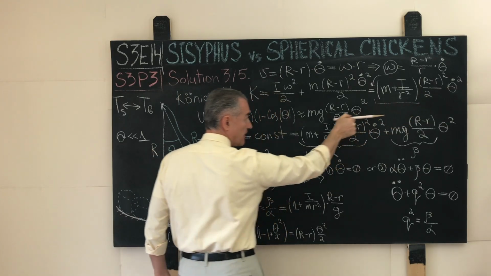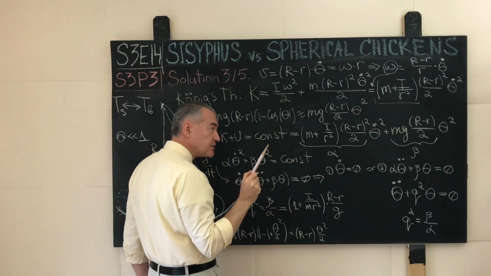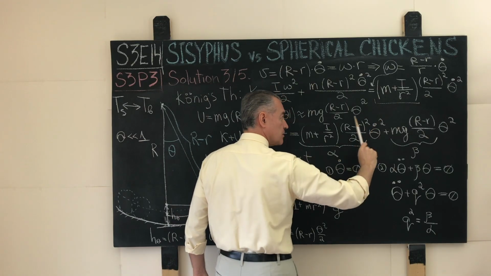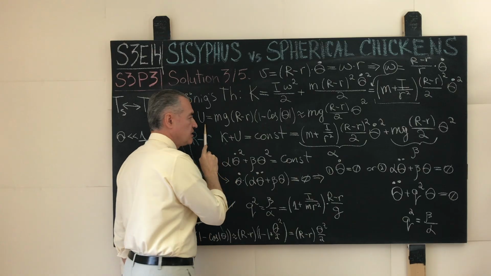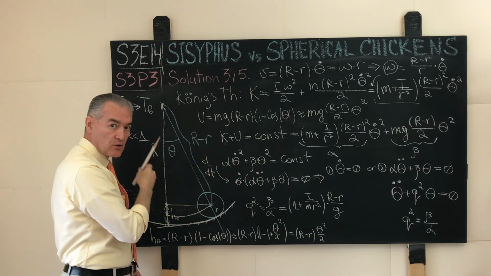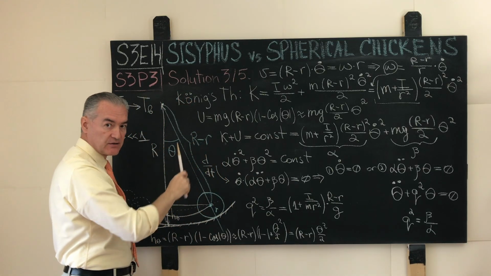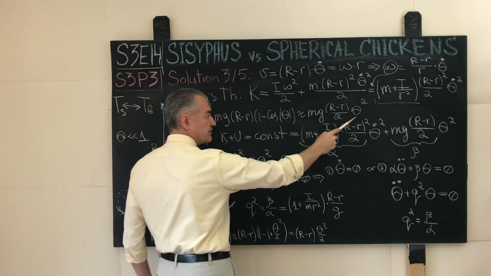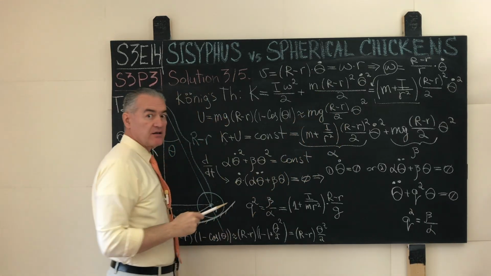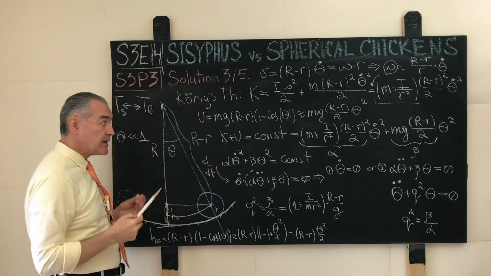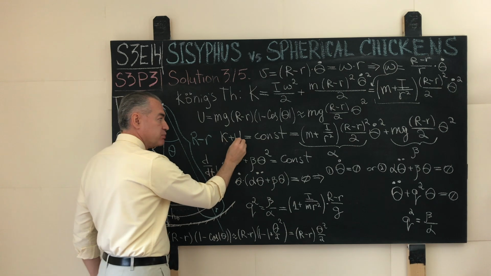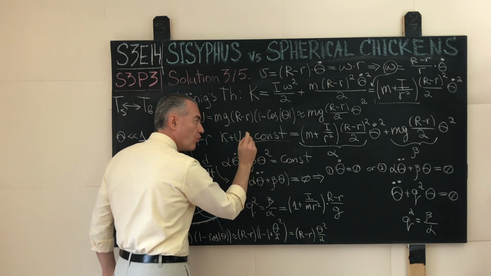This is our model. But anything that follows is, remember again, mathematically precise, mathematically exact solution. So this is our expression. Kinetic energy, potential energy. Separately, the kinetic energy will vary in some periodic fashion. And separately, the potential energy of our rolling and oscillating spherical chicken will also vary in some periodic fashion. But the trick is that as a fundamental law, their sum, K plus U, will remain constant over time.